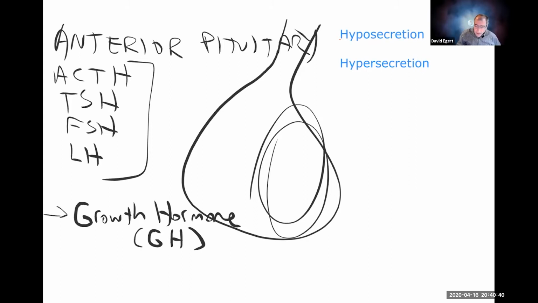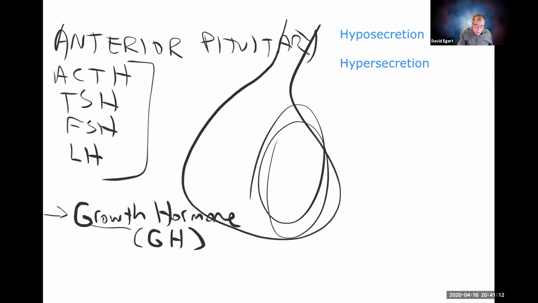If you have a hyposecretion of growth hormone, particularly when you're still growing, like you're young, not in your 20s yet, you end up being really small. You get what's called pituitary dwarfism. So it's not like the dwarfism of the Lannister character from Game of Thrones, where you're short but your body proportions are different.